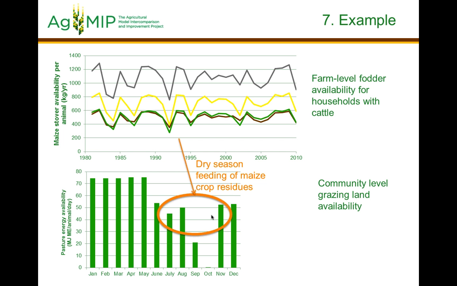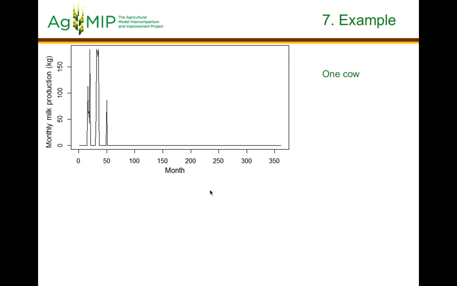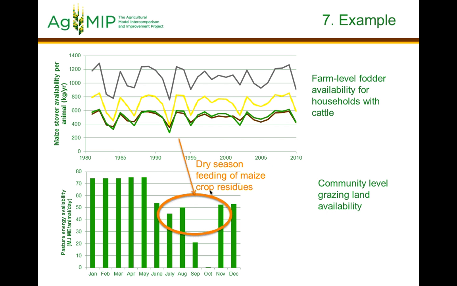So you see here that there's a feed gap from the pastures in the dry season, and it's in these months that we feed the crop residues to the animals. That is done in the script in R that we built around the LivSim package.